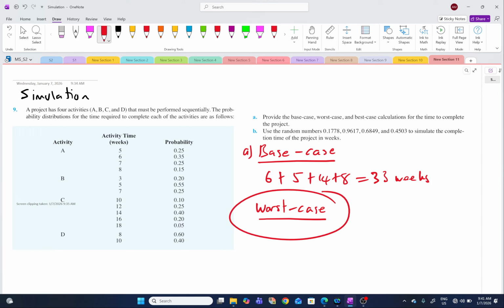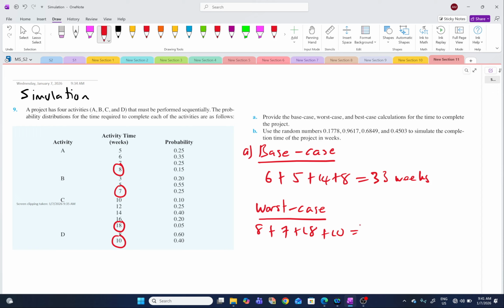In this situation, we're going to consider worst case. Worst case, you take the highest, nothing to do with the probability, you just take the highest week, which is 8, 7, 18 and 10. So the longest time is the worst case.